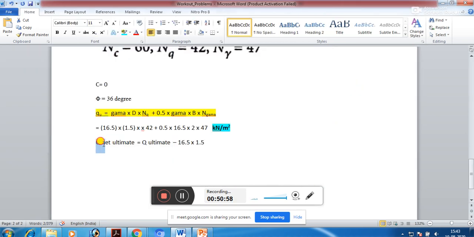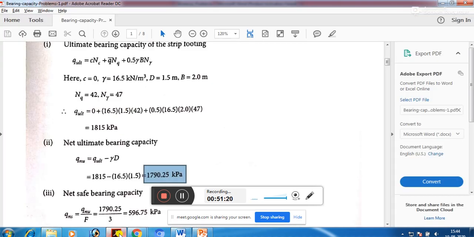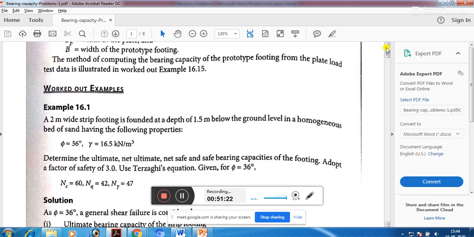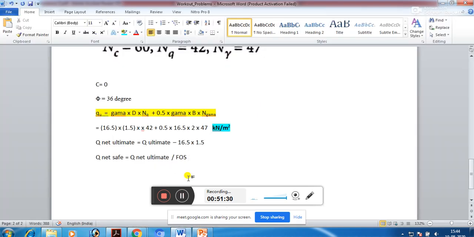So your Q net safe is going to be equal to Q net ultimate divided by factor of safety, and in this case, if you see in the problem, the factor of safety value is given as 3. So in case of factor of safety you put the value of 3.